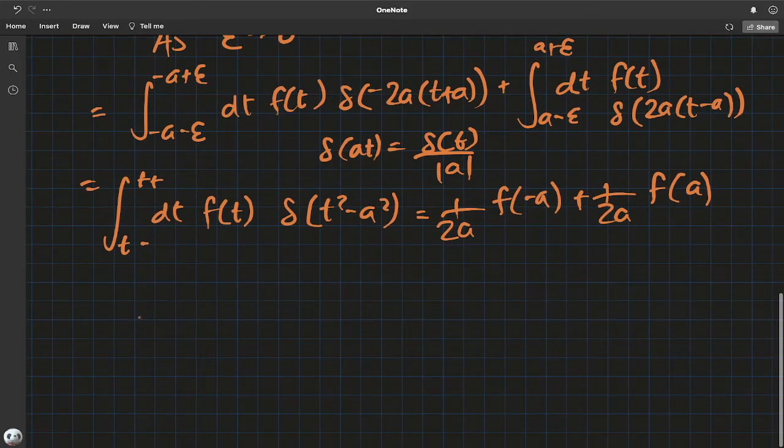If you write this in a case-wise manner, this is just the case when negative a and a are both in the range.